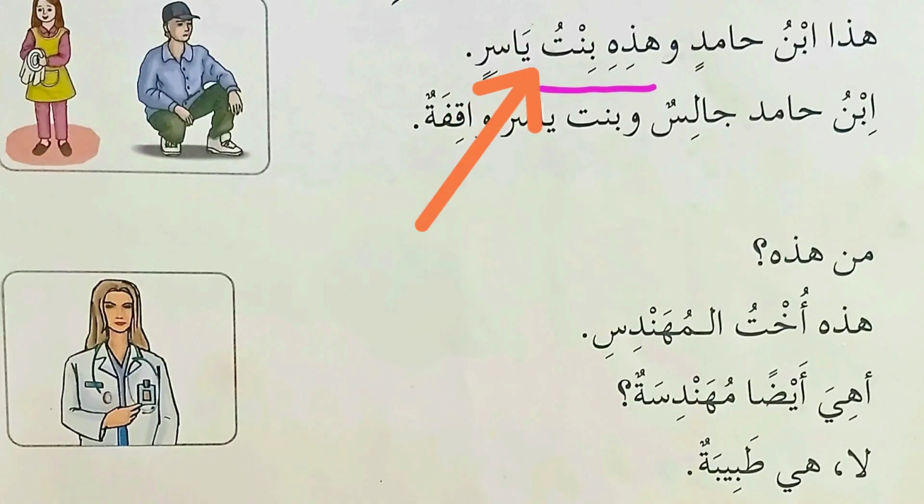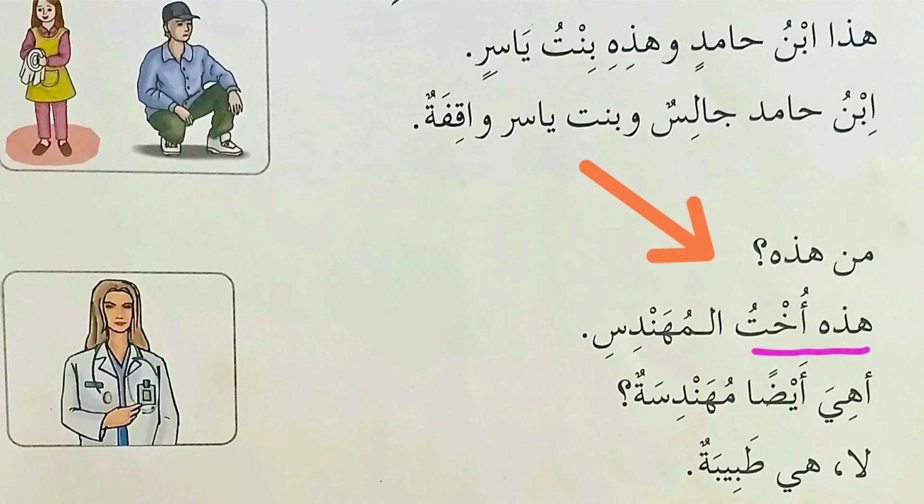Look at the word bintun, which means daughter or girl. It is feminine because it refers to a female. It is the same deal with ukhtun, which means sister. These words are naturally feminine because they refer to people that are biologically female.